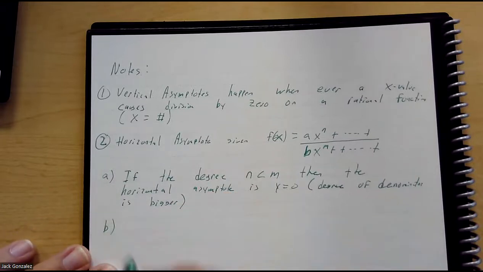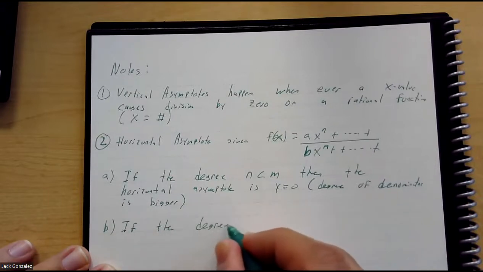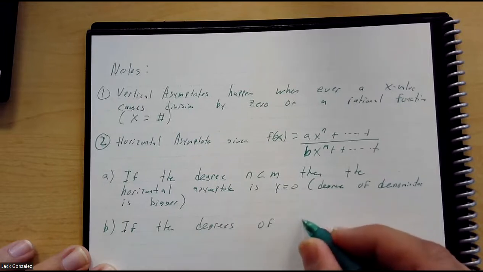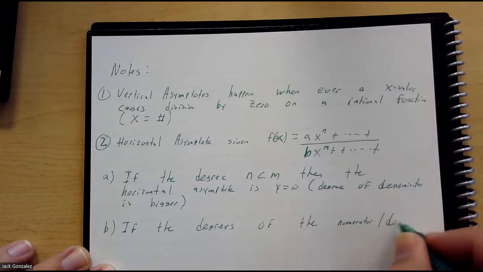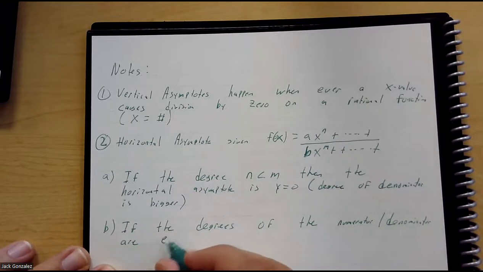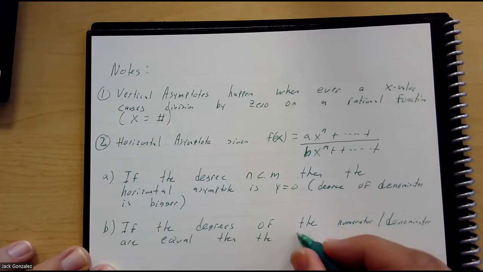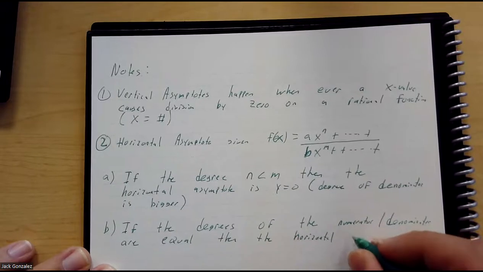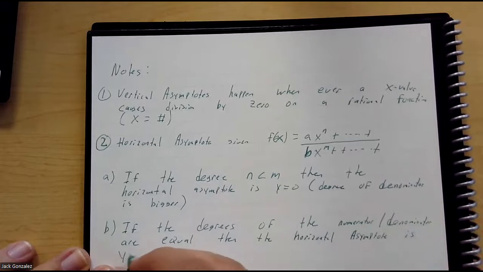B: if the degrees of the numerator and denominator are equal, then the horizontal asymptote is y equals a divided by b.